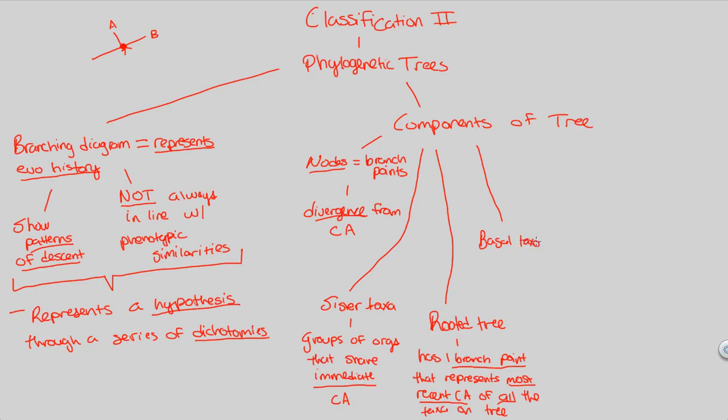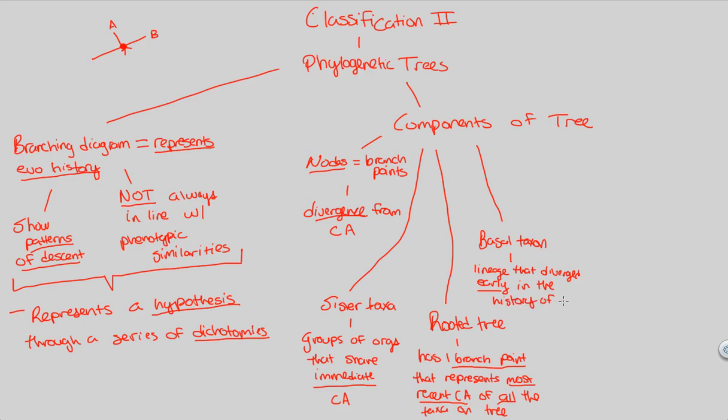So let's define this. A basal taxon may also be in a phylogenetic tree, and this is simply going to be a lineage that diverged early, very early on in the history that we're looking at, and we'll say specifically in the history of the group.